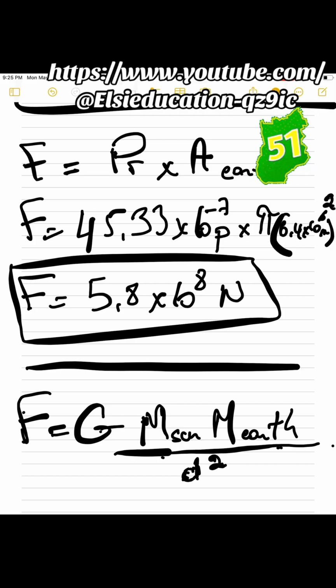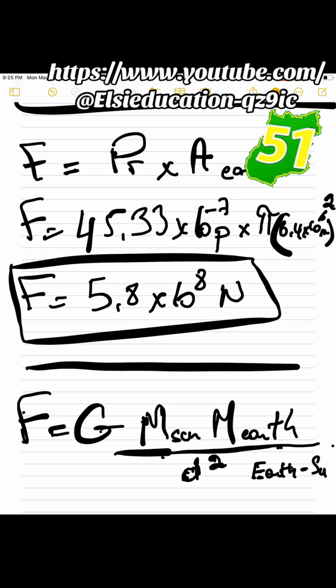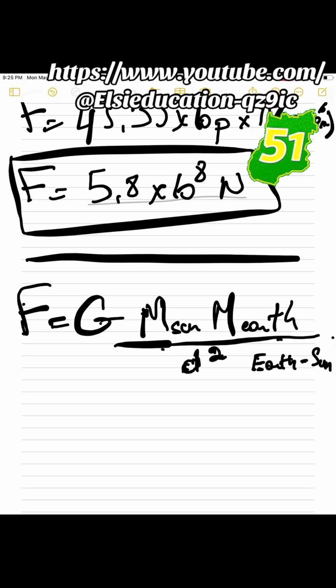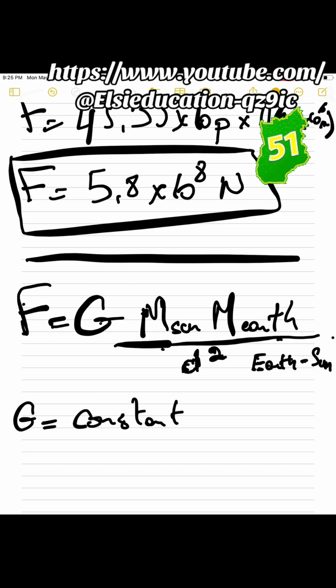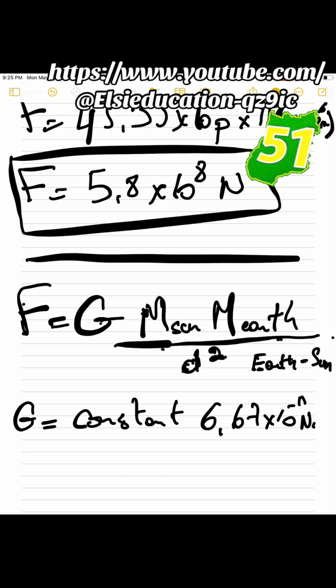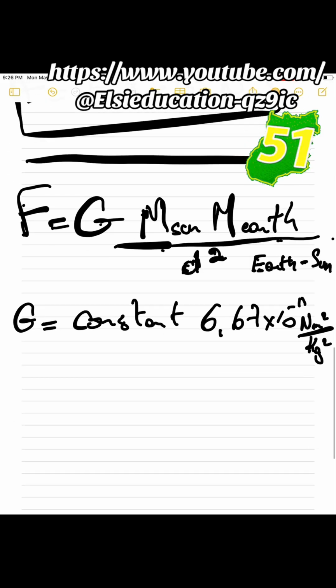The distance between Earth and sun. So the gravitation is a constant that is equal to 6.67 times 10 to the minus 11 Newton meter square divided by kilogram square, and we're going to use it in this formula.